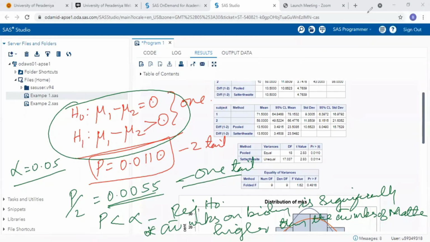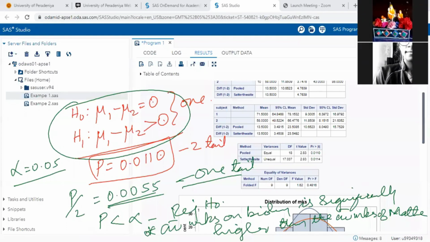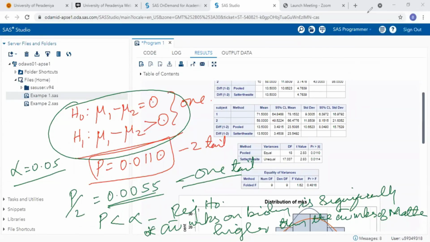No, sir, understood. Understood. Yes, sir. How about you? Did you understand? Understood, sir. Okay. Sahana? Yes, sir.